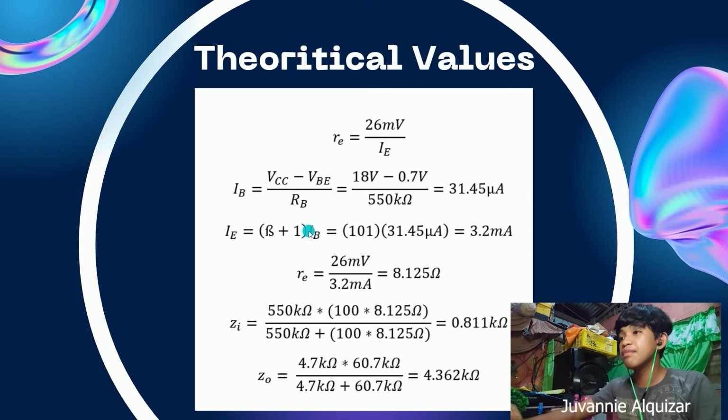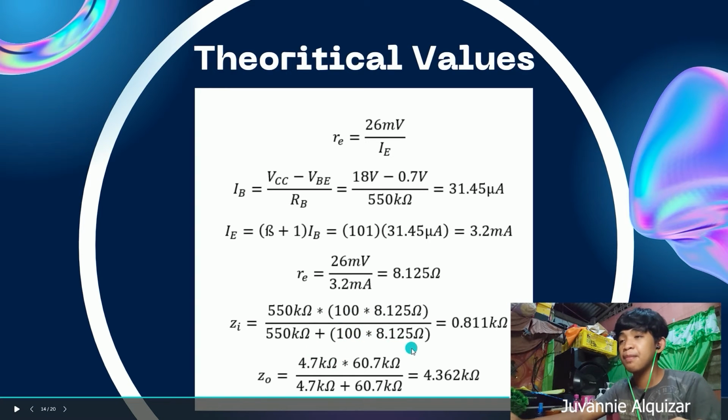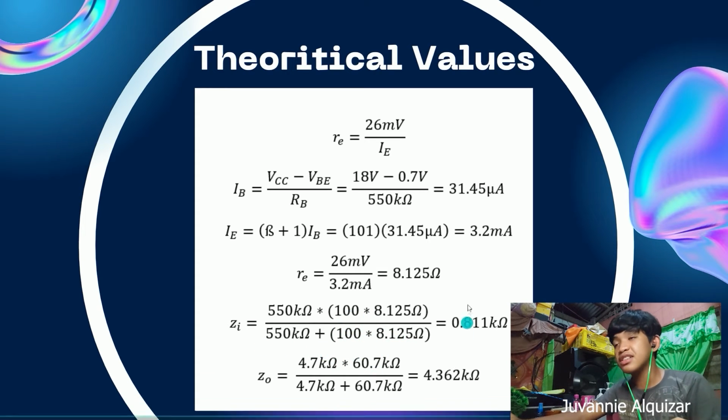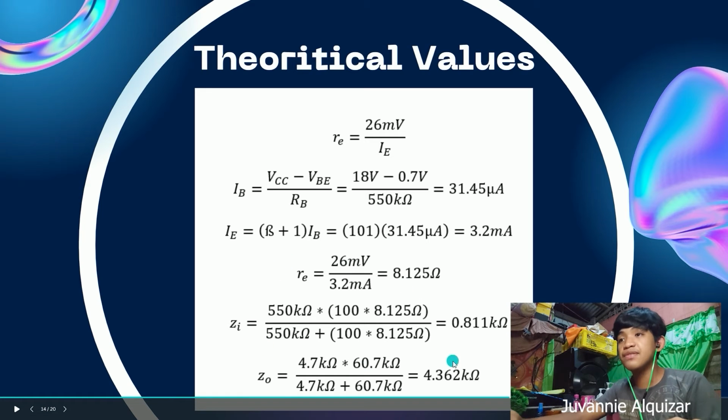So to do that, we just have to multiply 550k ohms times 100, which is the beta, times 8.125 ohms, which is the RE, all over 550k ohms plus 100 times 8.125 ohms. And this expression should give us an answer of 0.11k ohms.